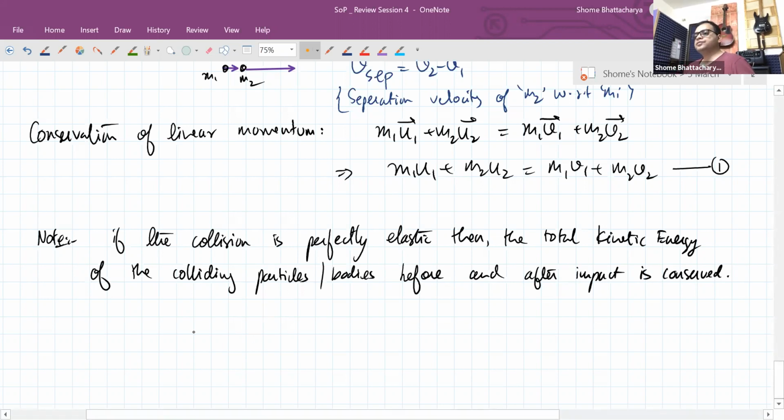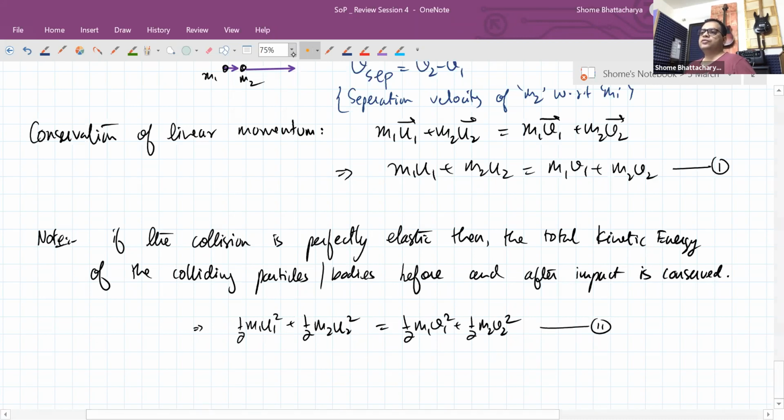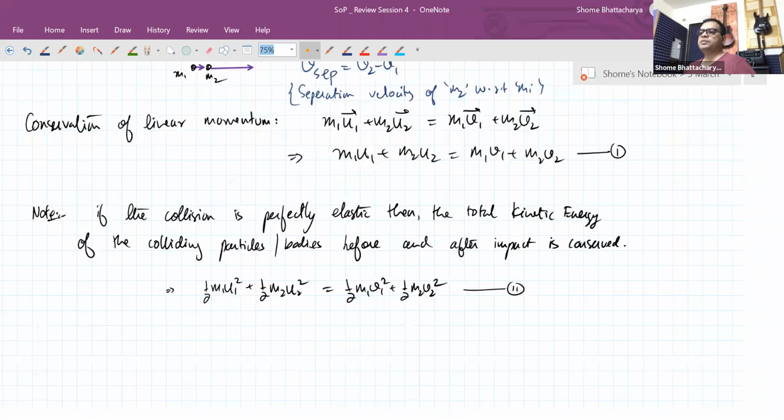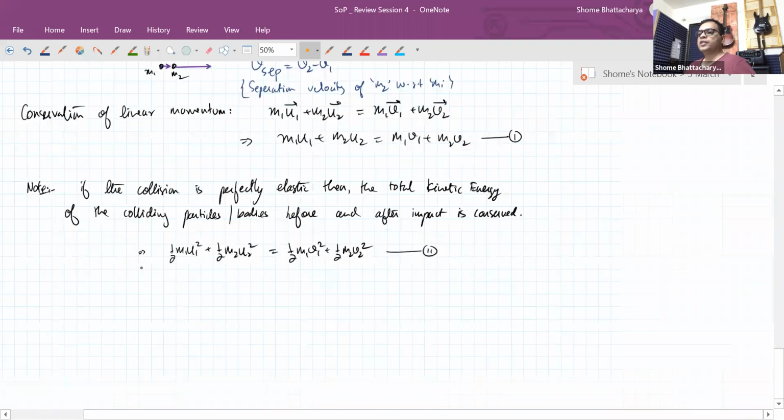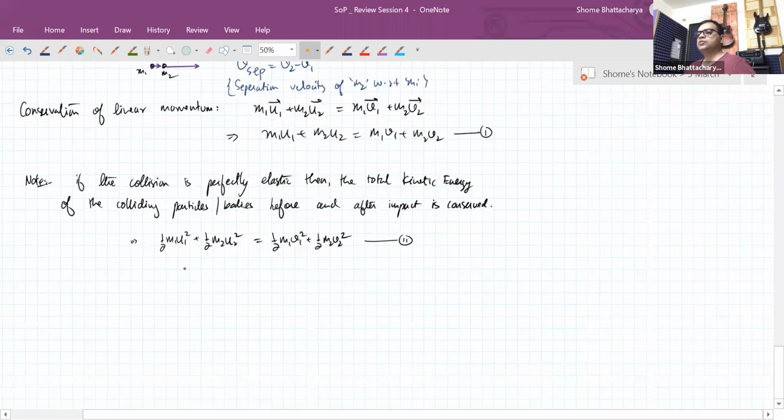So for that situation, the initial kinetic energy before impact is equal to the final kinetic energy after impact. So this becomes our second equation. Now it's a matter of, suppose we are given the values of m1, m2 and u1 and u2, how we can solve for v1 and v2.